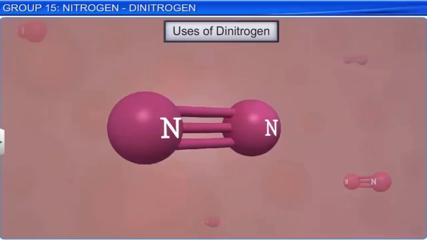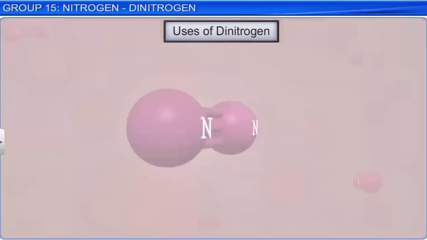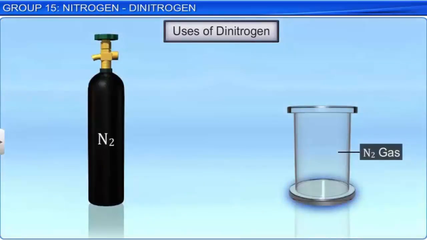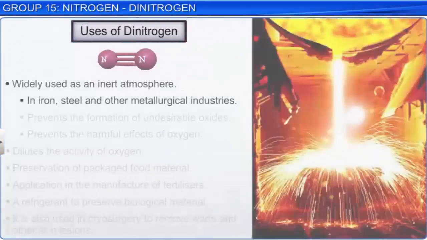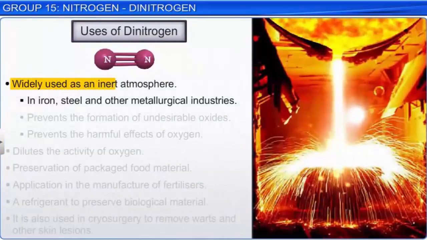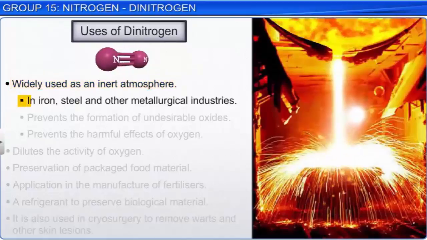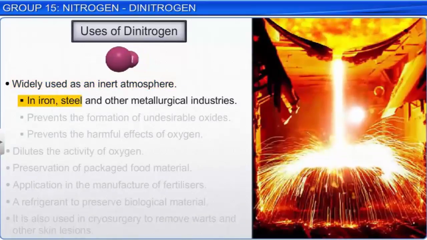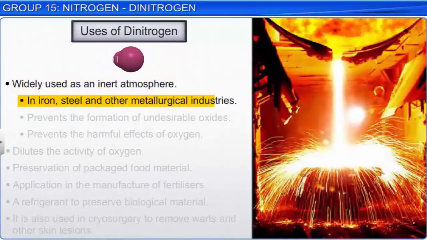Dinitrogen has several important uses. Being inert in nature, it has many uses in industry and other walks of life. For example, it is widely used as an inert atmosphere in iron, steel and other metallurgical industries.